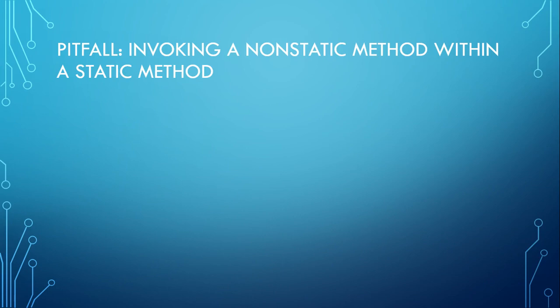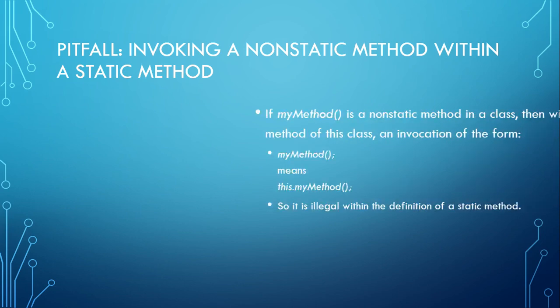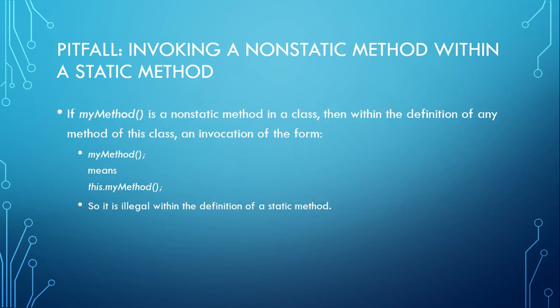Now, here's a quick pitfall to note when you're invoking a non-static method within a static method. If myMethod is a non-static method in a class, then within the definition of any method of this class, an invocation in the form myMethod() means this.myMethod(). So this is illegal within the definition of a static method. If I have a static method, I can't use this.myMethod().